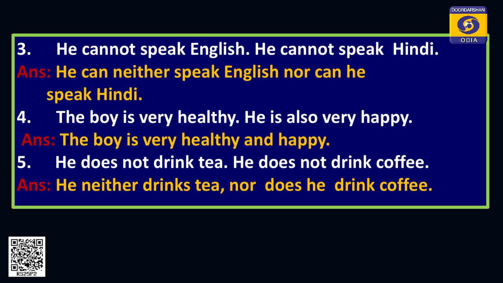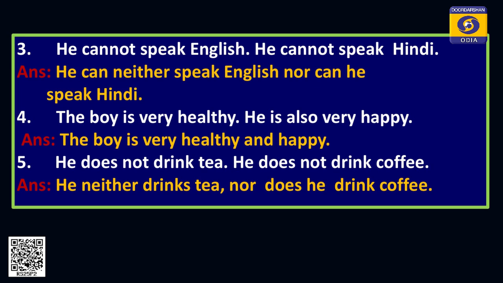So, when we use neither, you see, just before the verb, and nor we use after the first clause, and when we use nor, then we bring the auxiliary verb before he. So, we use like this, he can neither speak English nor can he. You cannot say he can nor, you should use nor can he, right.